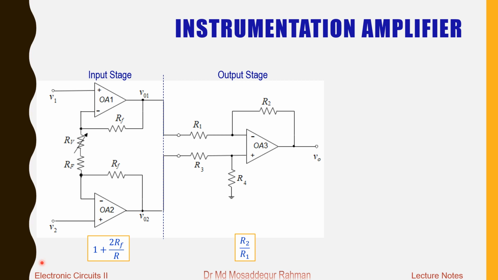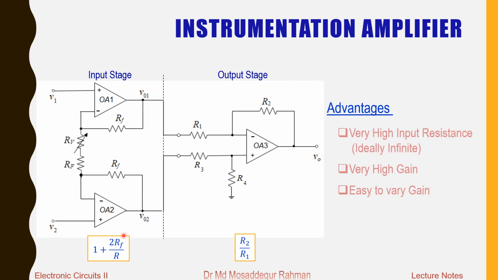The circuit as a whole is known as the instrumentation amplifier, and it has these advantages: it has very high input resistance, ideally infinite input resistance. It has a very high gain. The gain is the product of these two gains, and it is possible to achieve very high gain with this configuration. It is also very easy to vary the gain because we can just vary one single resistance here and we can easily vary the gain.